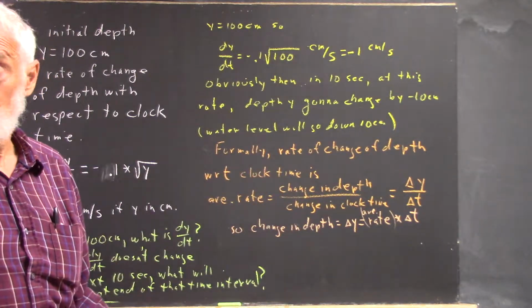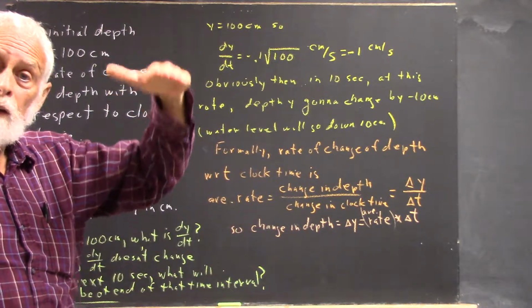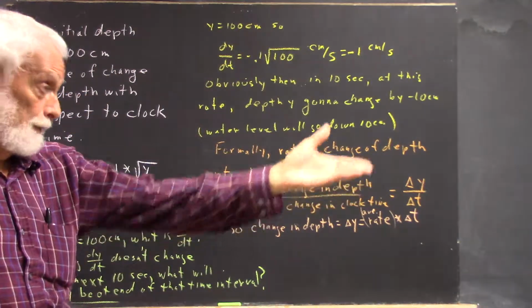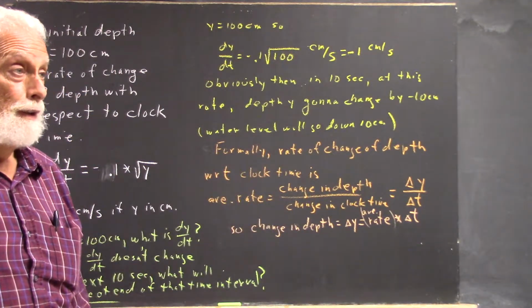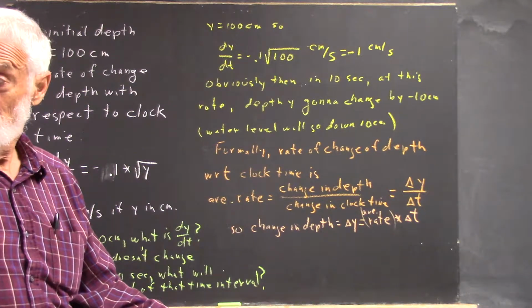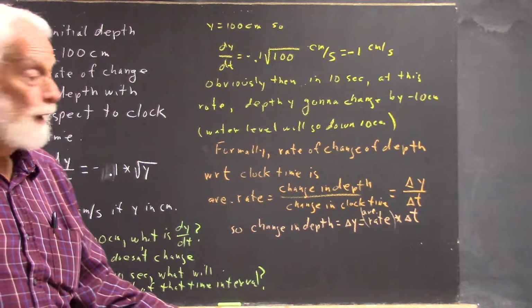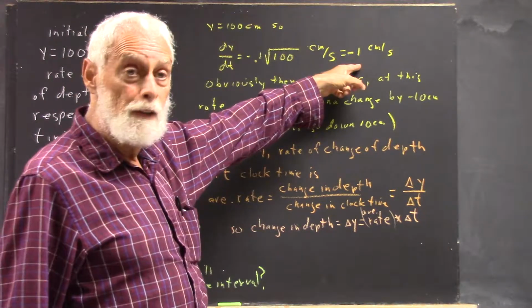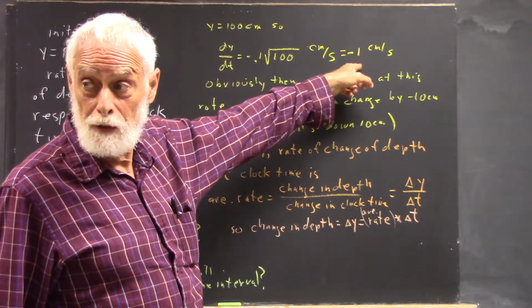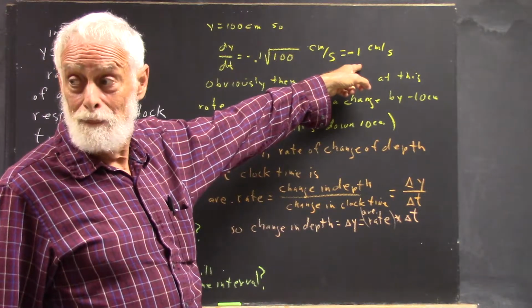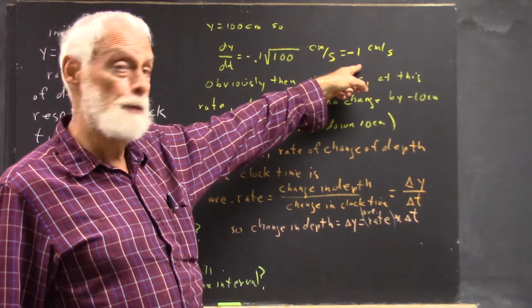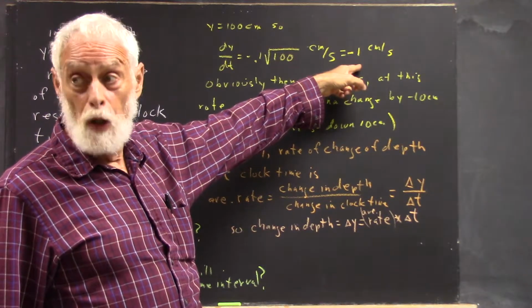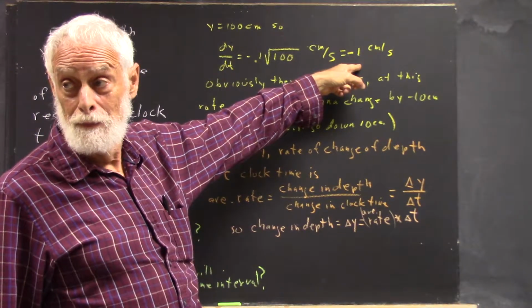What happens to the rate at which water descends, the rate at which depth changes in this situation? It decreases, doesn't it? So assuming that the rate stays at -1 centimeter per second for 10 seconds, it really doesn't. It's just an approximating assumption, right? That makes sense? So we're going to be off a little bit if we use this assumption.